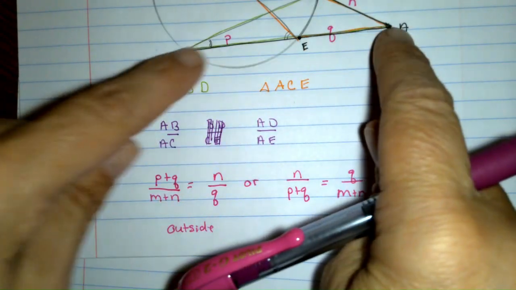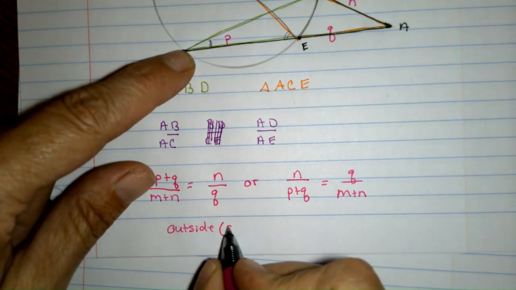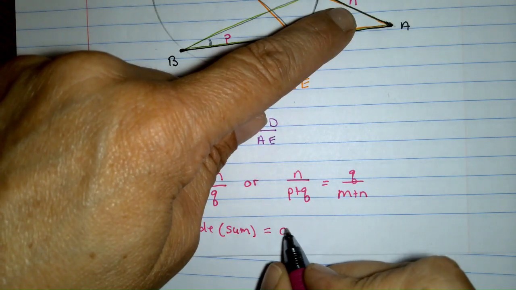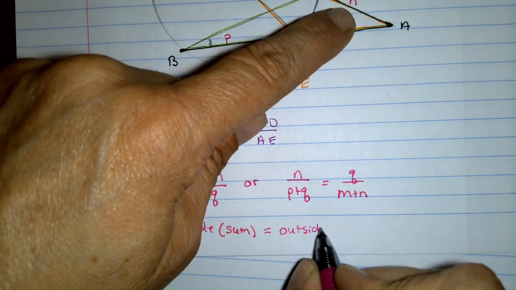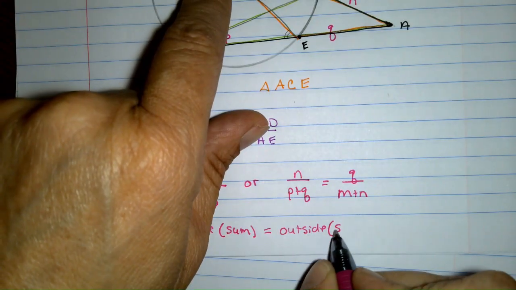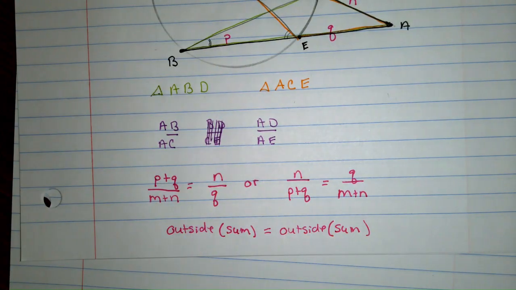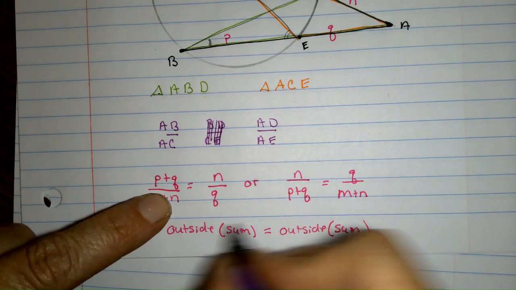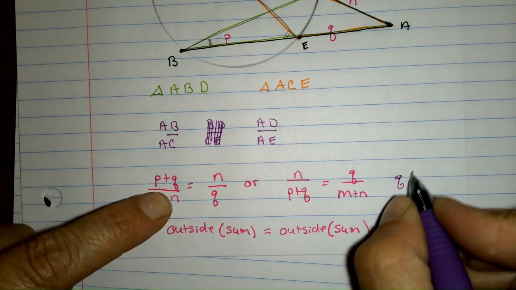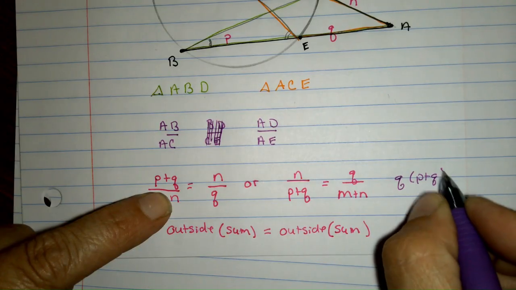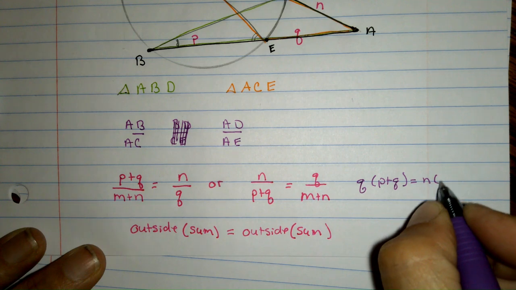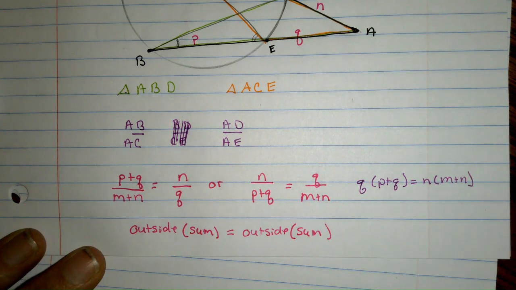Being multiplied by the sum, because that's what your product would be, equaling outside multiplied by the sum. So if you're looking at that cross product, the first one would be Q times P plus Q, outside times the sum, right? And N times M plus N.